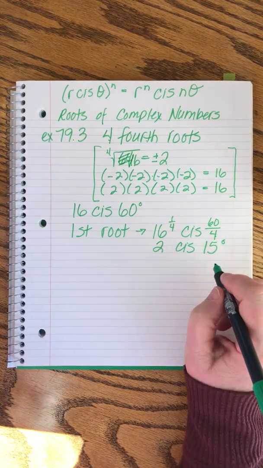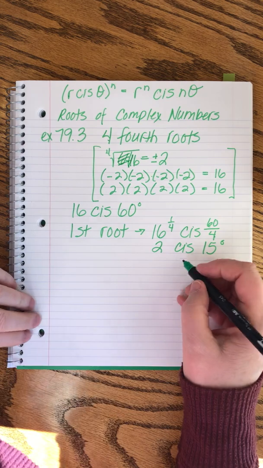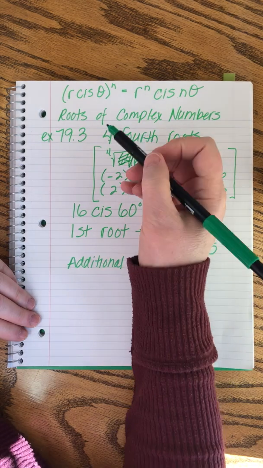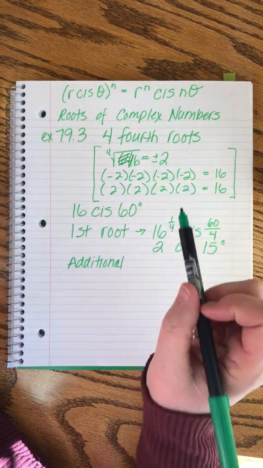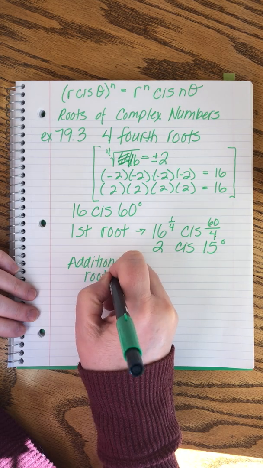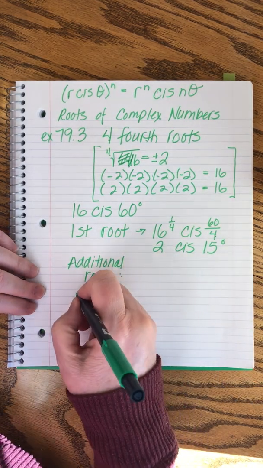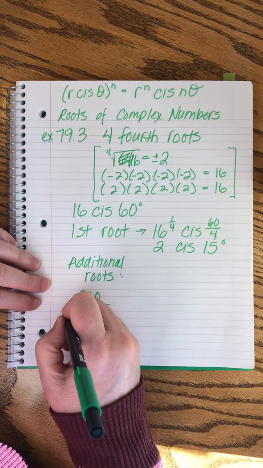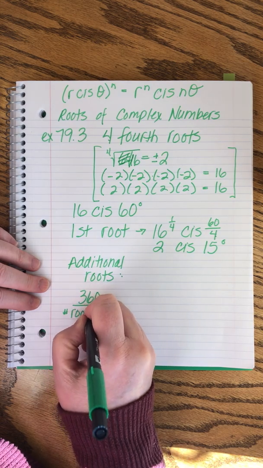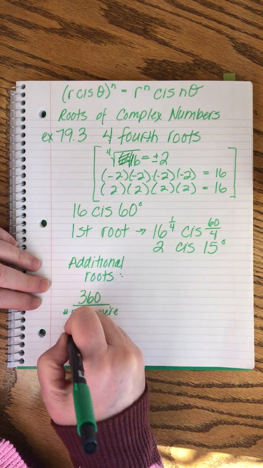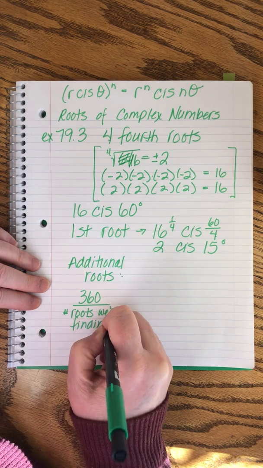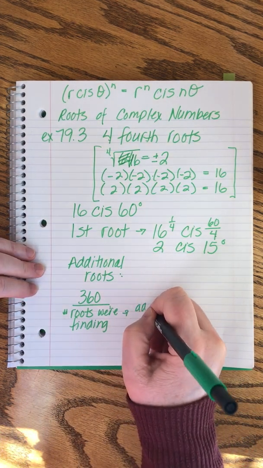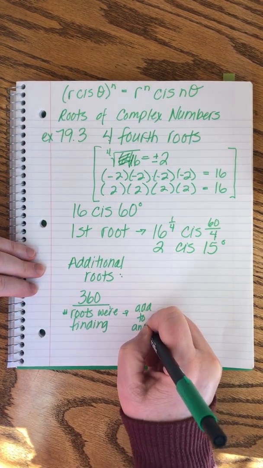There's our first root. Now we have to find the additional roots. And this rule that I'm going to give you works whether you're finding fourth roots or sixth roots or 45th roots, it doesn't matter. To find the additional roots, you divide 360 by the number of roots we're finding, in this case it's 4, and then we add that number to the angle.